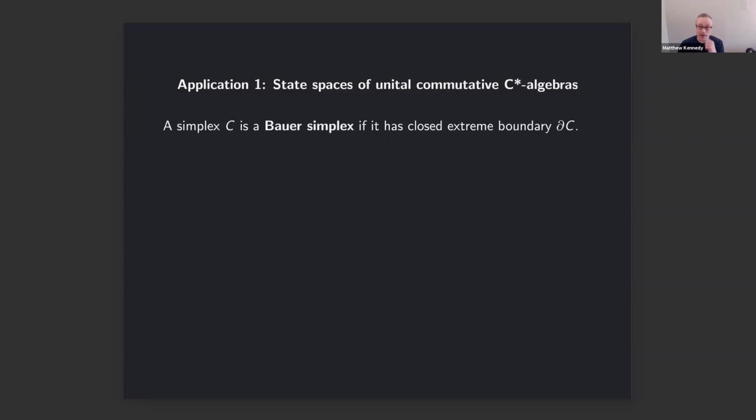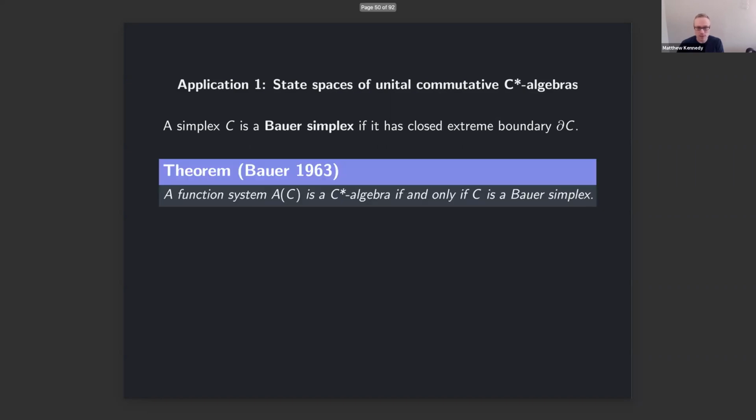So how do you recognize that a compact convex set is the state space of a C-star algebra? Well, there's a nice way to do this in the classical setting. Say that C is a Bauer simplex if it's a simplex with the property that its extreme points are closed. And Bauer observed that a function system A(C) is order isomorphic to a unital C-star algebra if and only if C is a Bauer simplex.